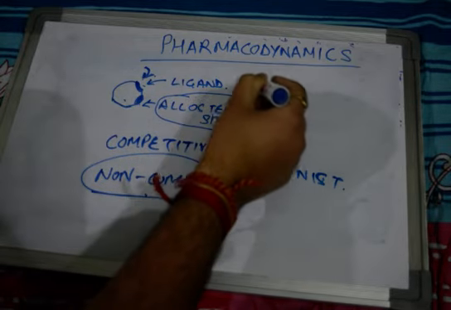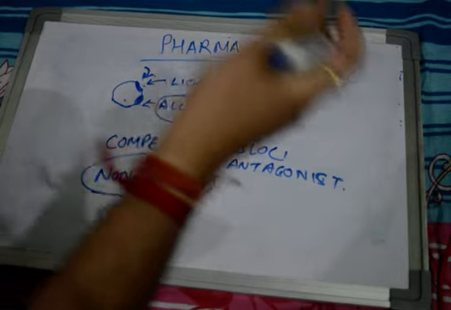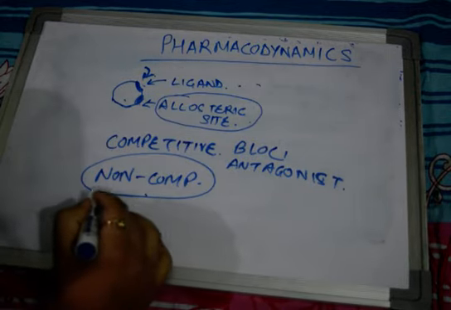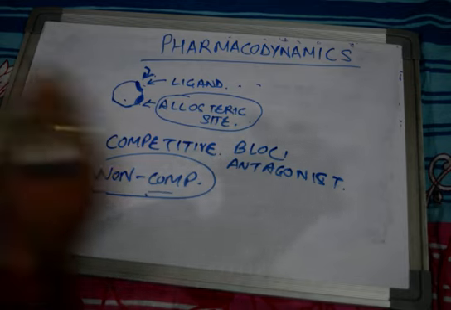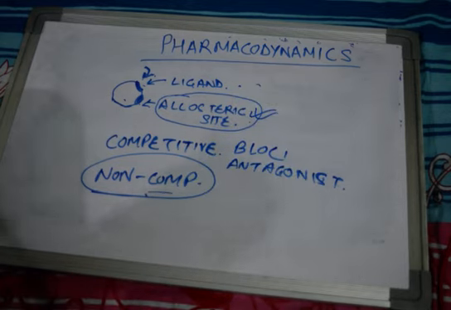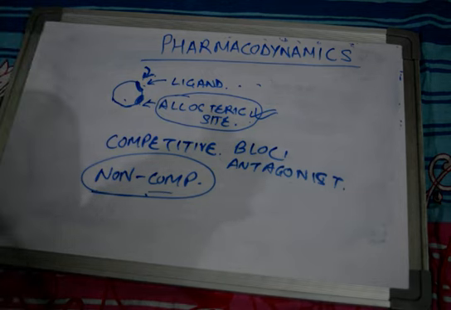But in case of non-competitive, since they are not fighting for the binding site, the effect will not be like that. Even if you add a lot of ligand, a lot of agonist, being non-competitive it will not affect the activity, because the antagonist has bound to the allosteric site and not to the ligand binding site, so there is no competition.